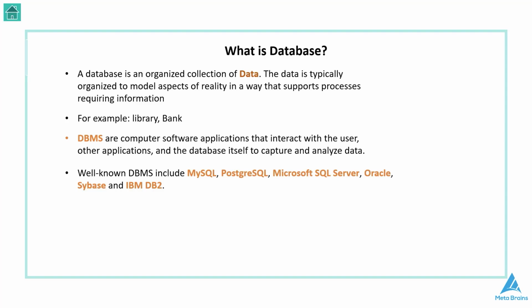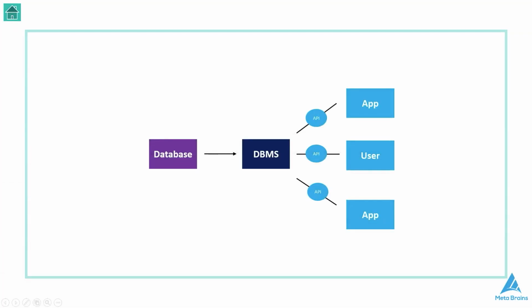How does a database system work? To understand how a database system works, we will use an example that will be shown on the screen. We have a user and a database system. The user doesn't have direct access to the database system because they are moving through different structures and queries. To be able to actually get access to the database and interact with it, we need a DBMS, Database Management System.